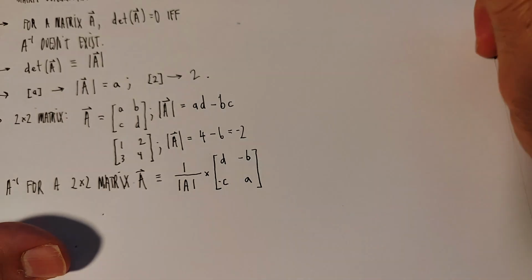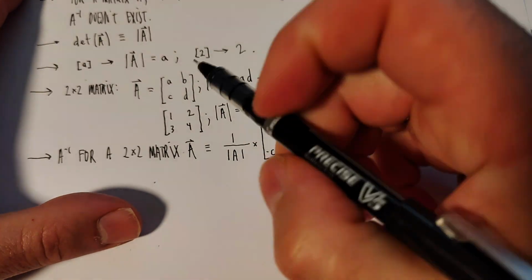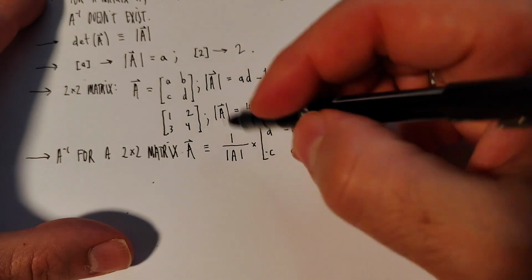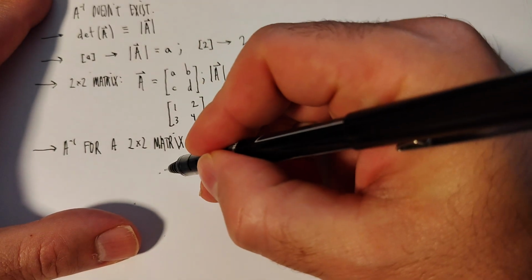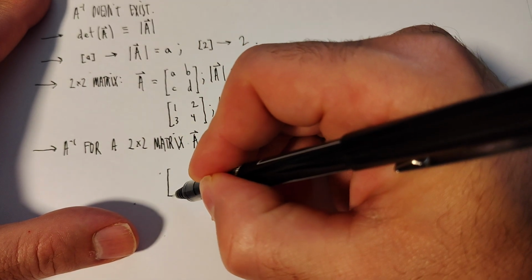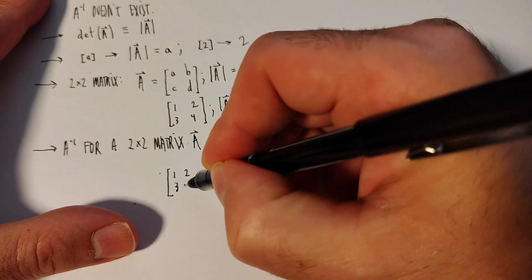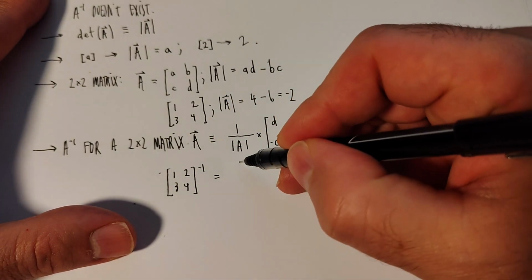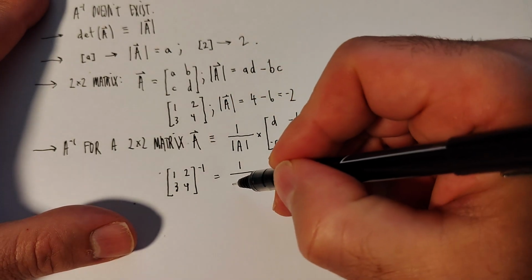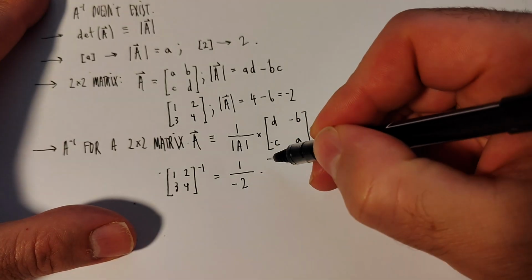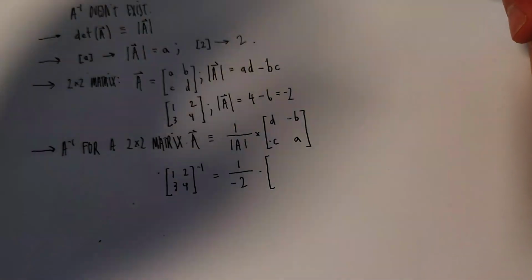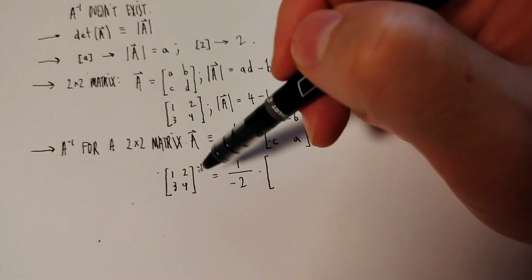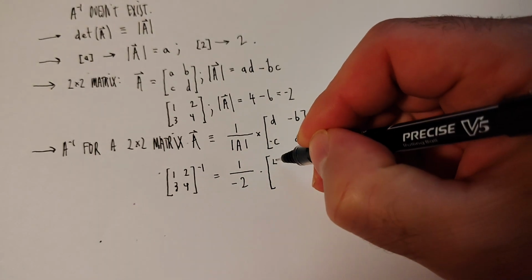All right. So then going back to our 1, 2, 3, 4 matrix, we already know what the determinant is. So the inverse of 1, 2, 3, 4 is just going to be 1 over negative 2 times, again, we swap the diagonal entries.